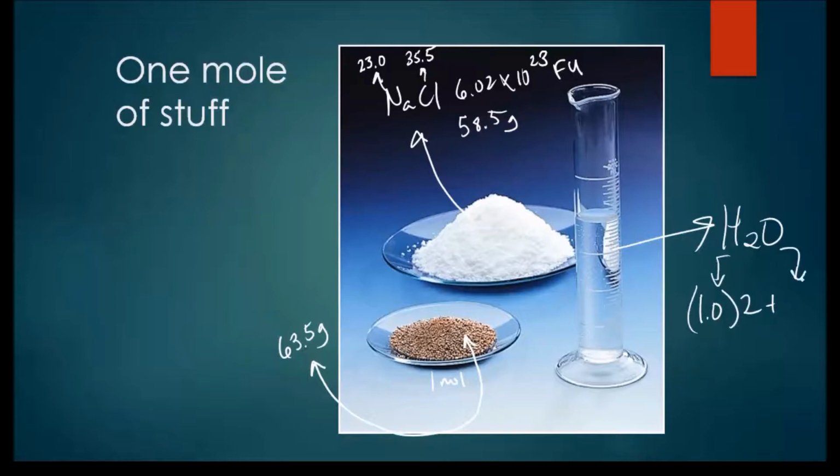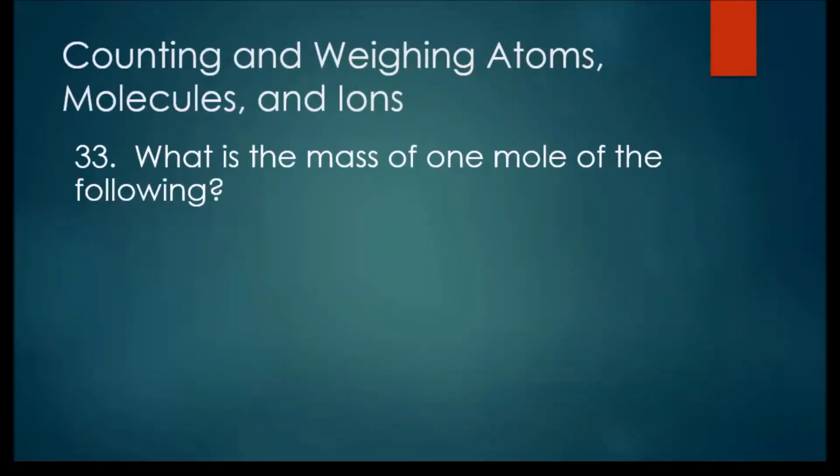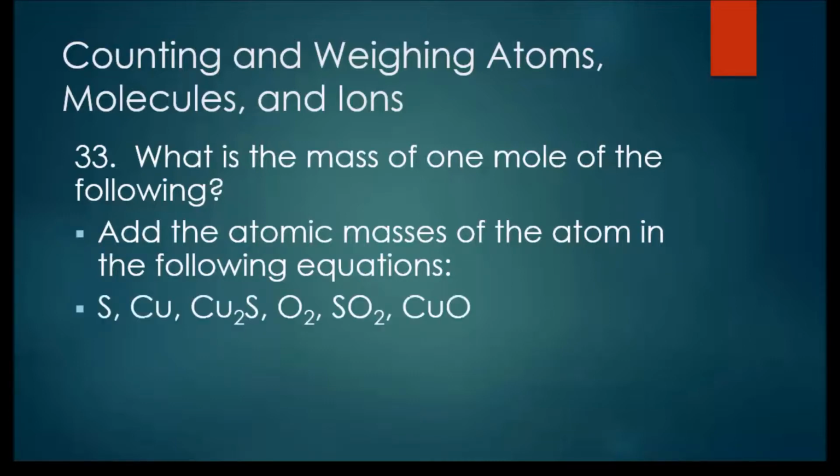Oxygen is worth 16. 16 plus 2, 18.0 grams. It's that easy. So, the mass of 1 mole of anything is equal to its atomic mass in grams.